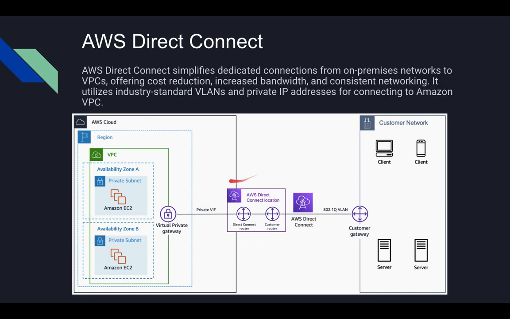You can get in touch with AWS to set up this Direct Connect. They will provide you the detailed infrastructure required for a dedicated connection from your customer gateway, which is nothing but your customer network. I'm speaking with respect to Amazon, your customer.